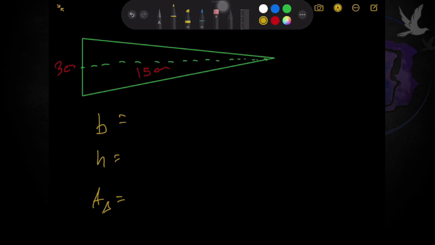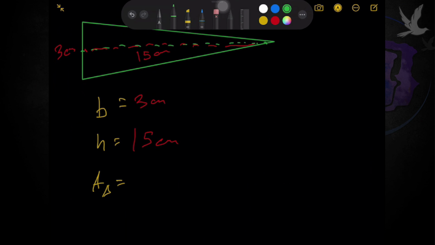This dotted line or tracing line represents your height at some point, logically. That's 15 centimeters. If you're going to interchange their values, that's already wrong. But your area will still be correct, but identifying the base and height will be already wrong. And your base here is equivalent to 3 centimeters.